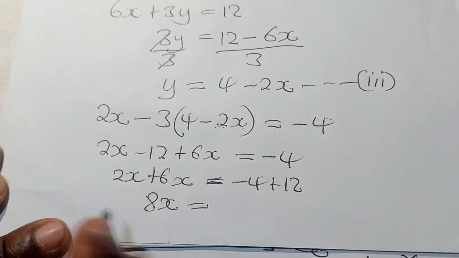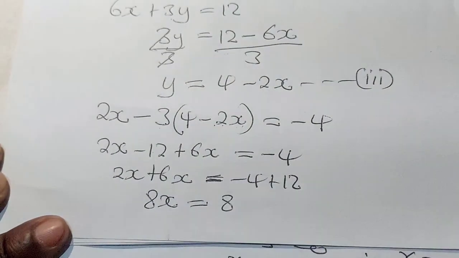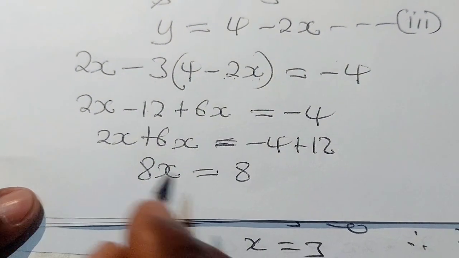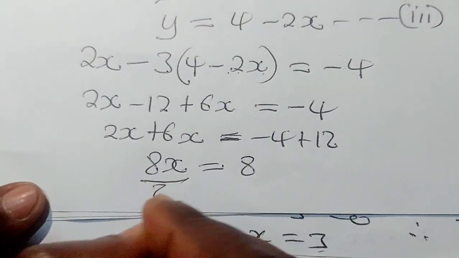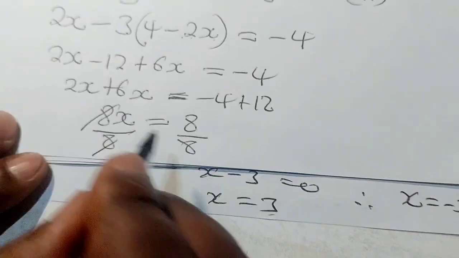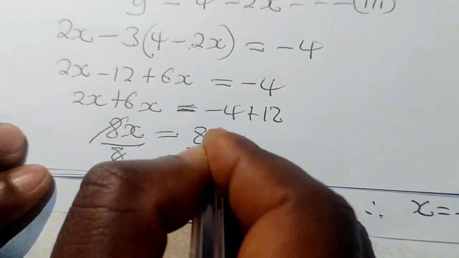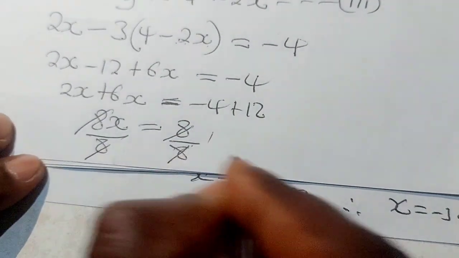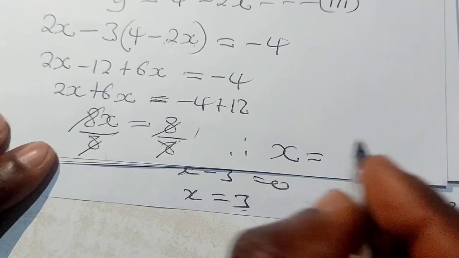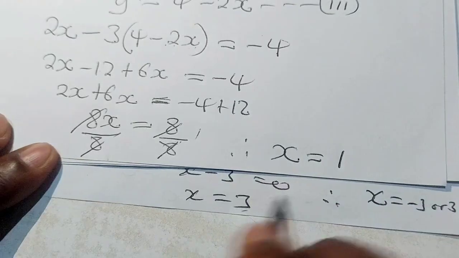The answer is 8 positive. So there we go. That means we divide by 8 for us to get the value of x. So 8 into 8, it will be 1. Therefore, the value of x is equal to 1. So we have got the value of x.